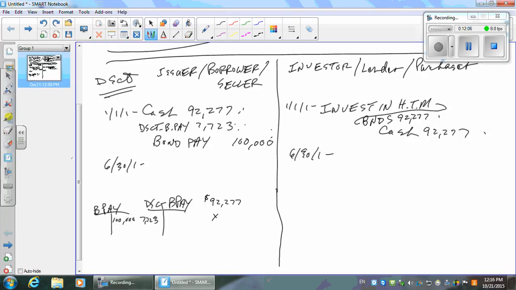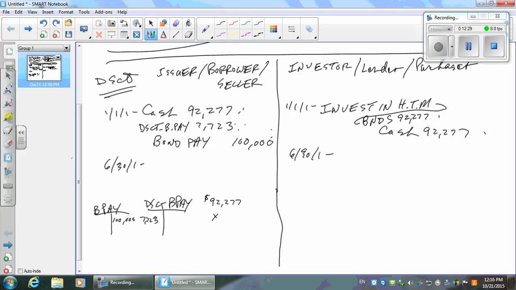What's my interest rate? Be careful. My interest rate is not 4%, that's the stated rate. What am I effectively paying if I borrow the money, or effectively earning if I invest in the bond? It was 5%, half of the 10. Exactly right. Don't switch to the stated rate.